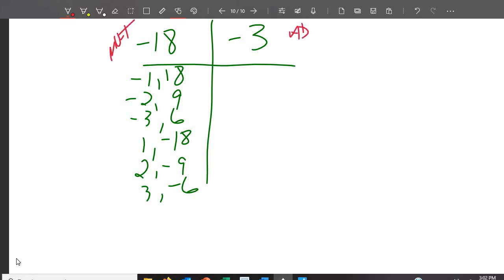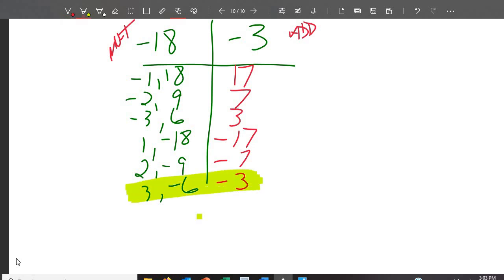This is where we add. All right. So we'll get positive 17, positive 7, positive 3, negative 17, negative 7, and negative 3. Doing this little table can help us organize it so we can see what we end up with. So this is always the number at the end. This is always the number in the middle.